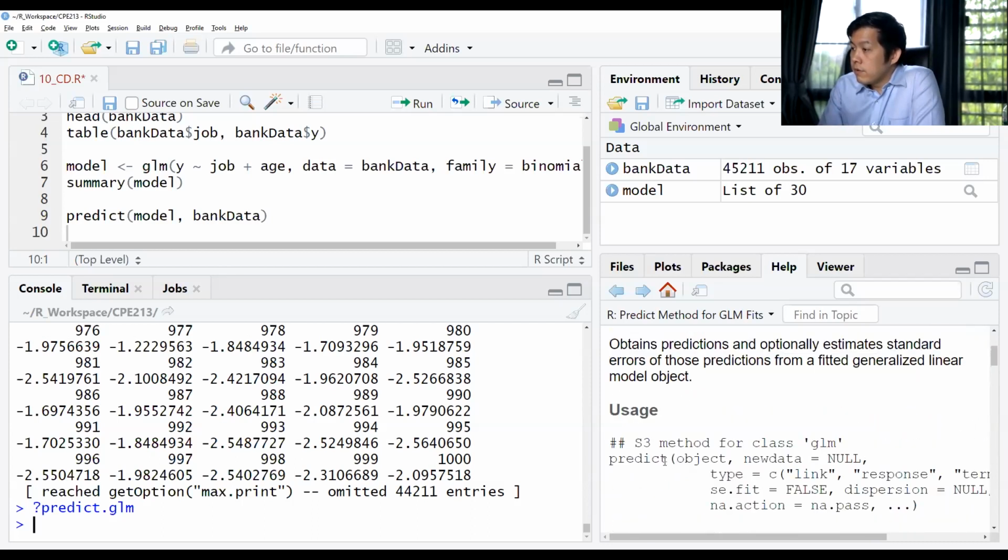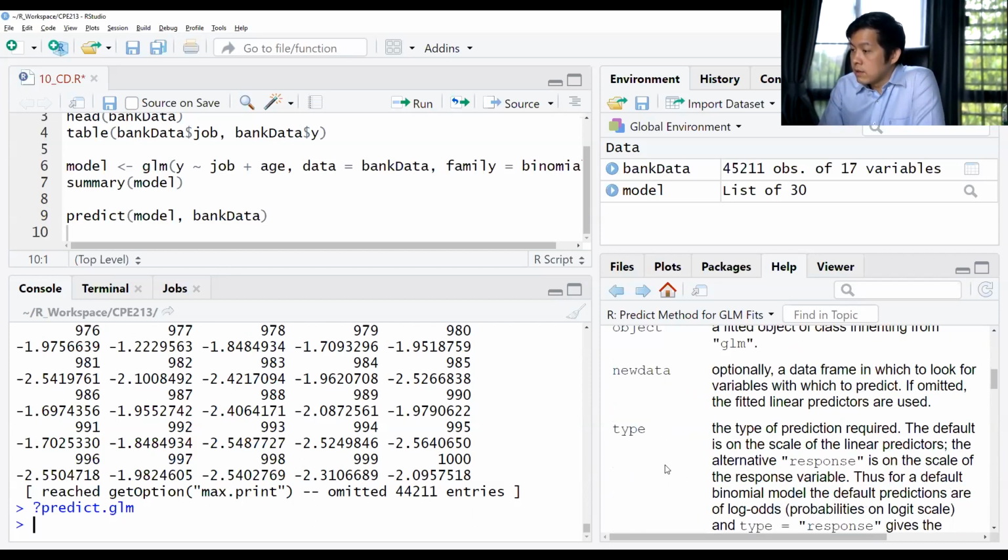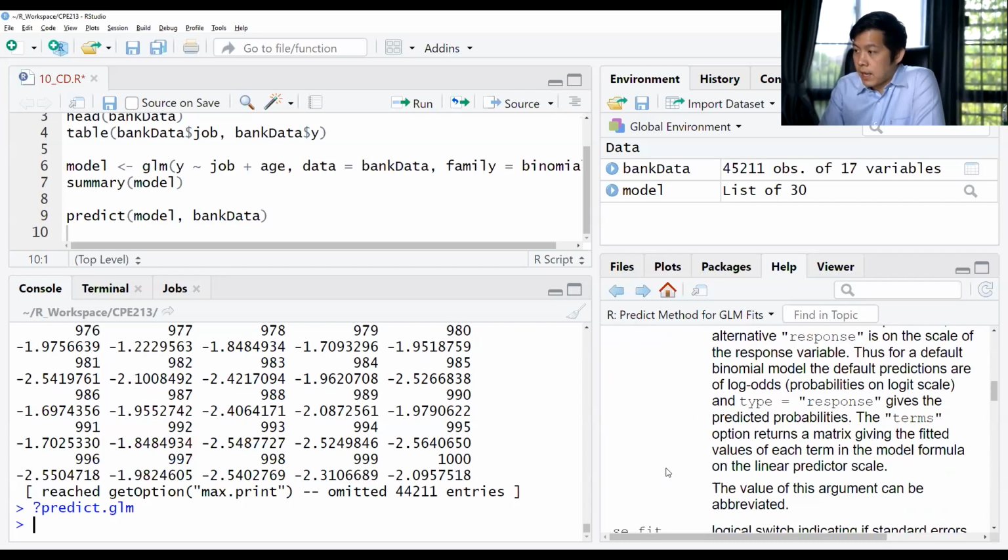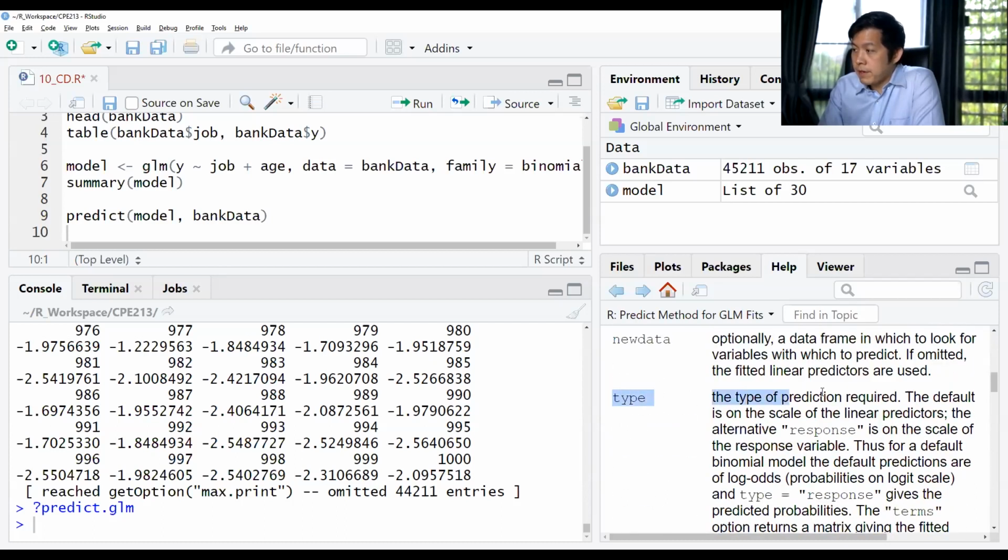There's this type, the type of prediction. The default will be the scale of the linear predictor. That means the value that you get is in terms of the linear predictor, and the value will be from minus infinity to infinity.